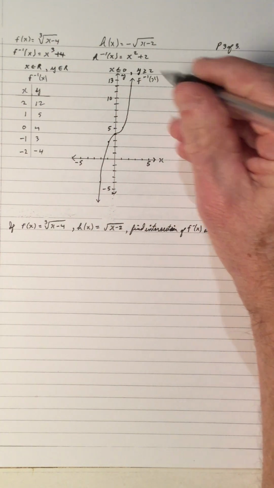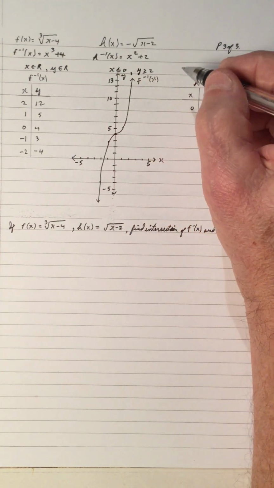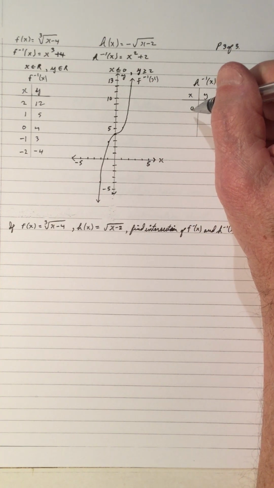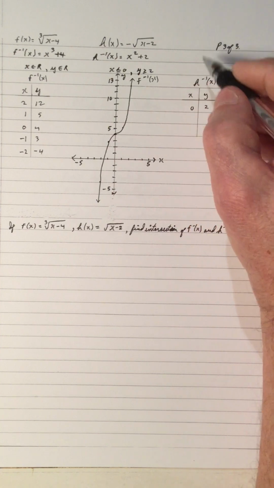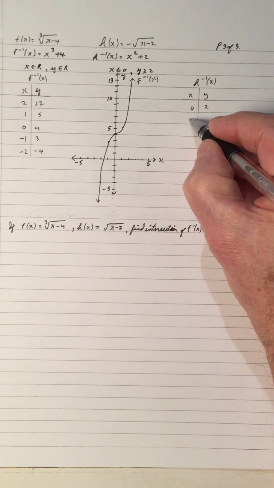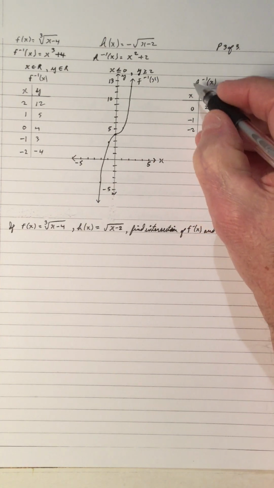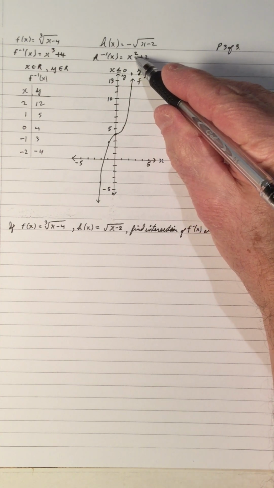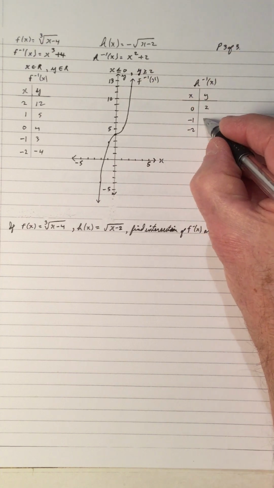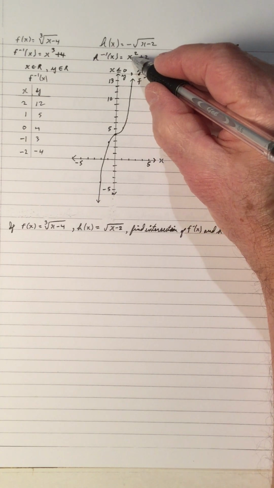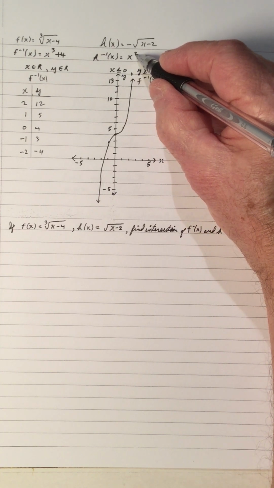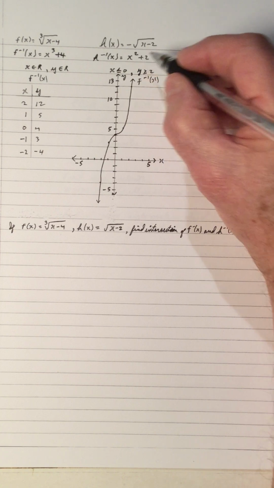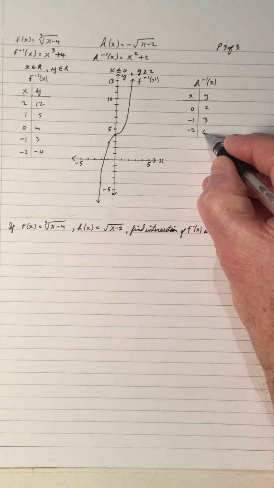The values of x are less than 0, so we go 0, negative 1, negative 2. Put a negative 1 in here and square it. Negative 1 squared is 1. 1 plus 2 is a 3. Put a negative 2 in. Negative 2 times negative 2 is 4. 4 plus 2 is 6.